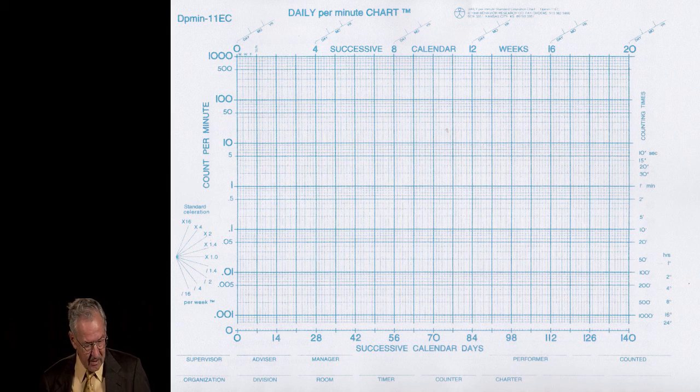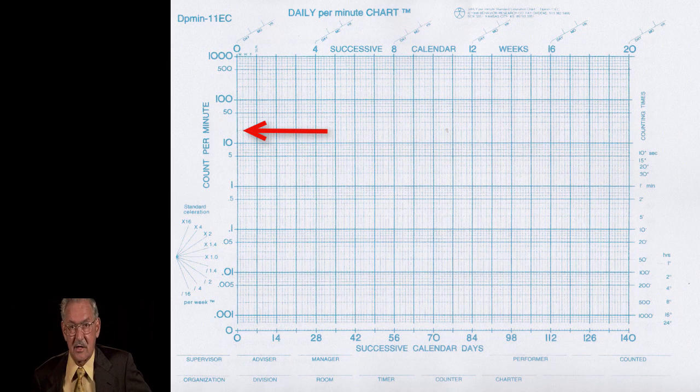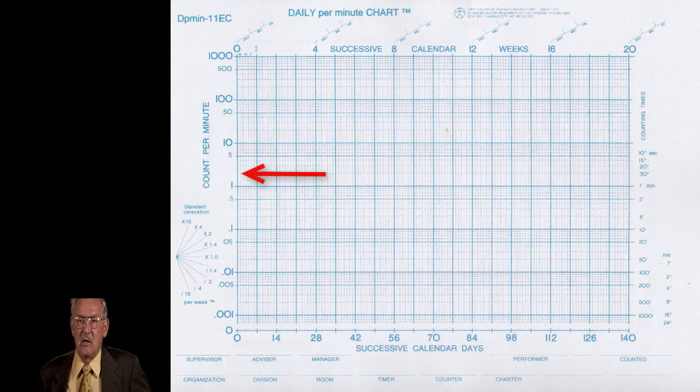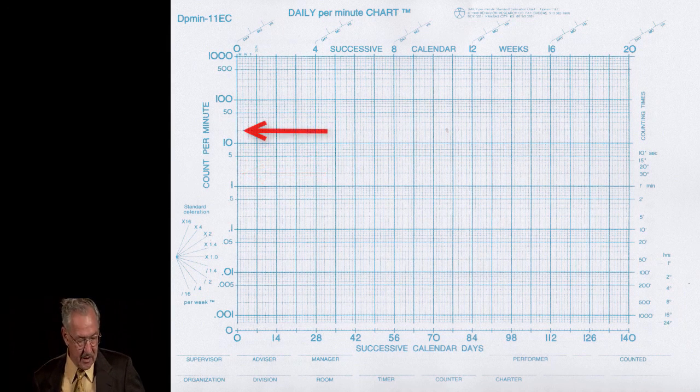Well, let's take a look at, for example, on that scale up the left, the distance from 1 to 2. You can see that pretty clearly. Now let's look at the distance from 10 to 20 on that same scale. What can you say about those two distances? They are the same. So that means that as we go from 1 to 2 up that scale, we're moving exactly the same distance as if we went from 10 to 20.